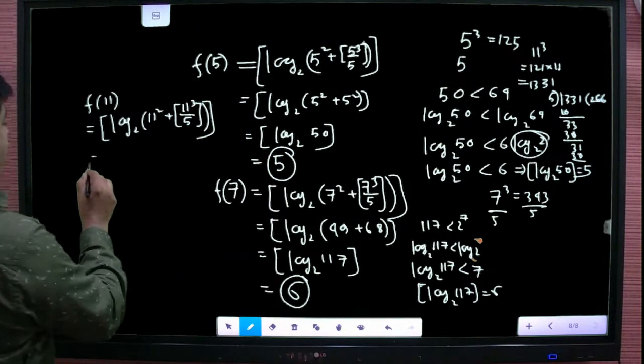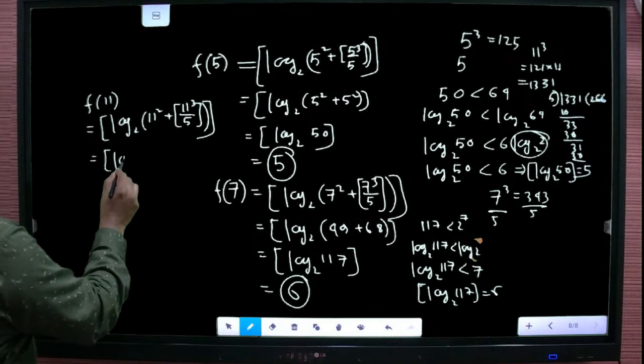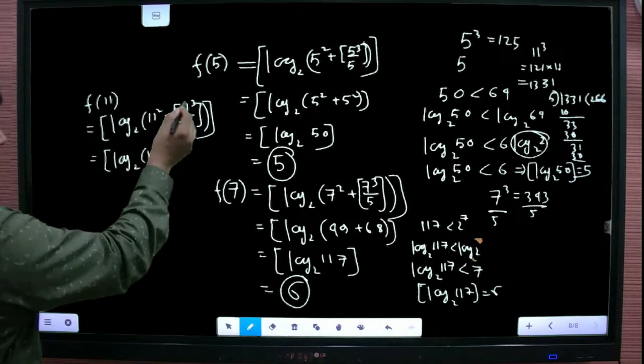So it will be 266. You are mature enough to understand its box.